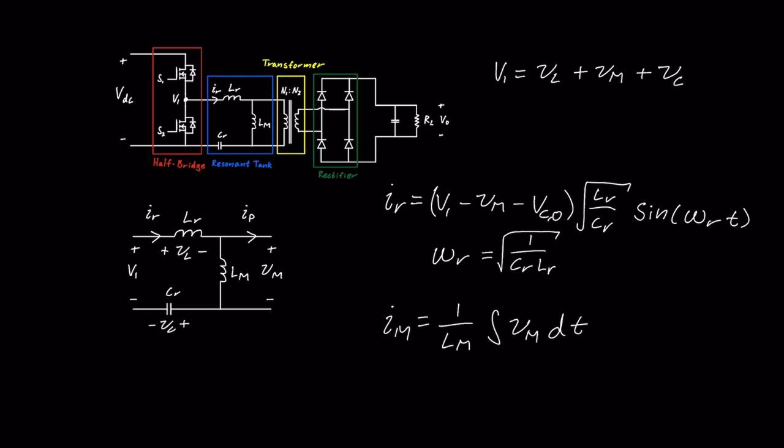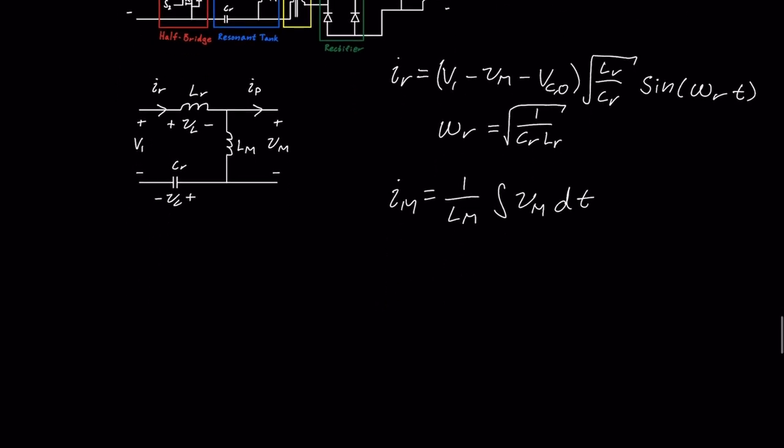So if we draw these two curves, we can see what happens. IR is sinusoidal, and IM is increasing.